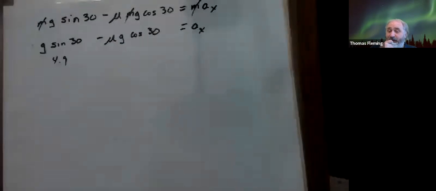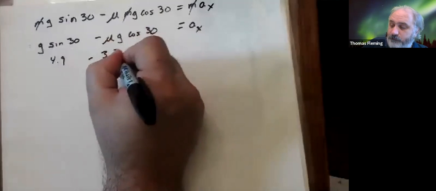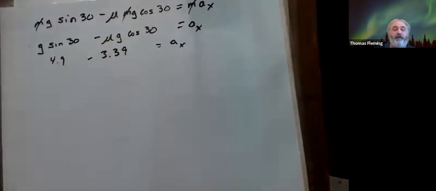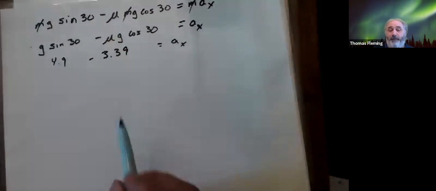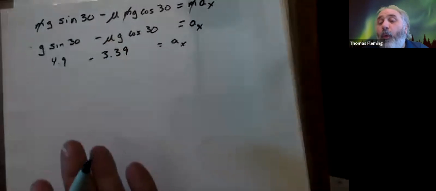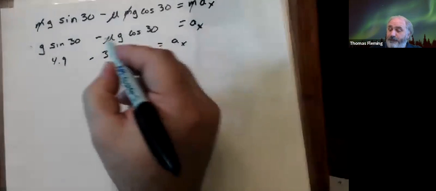And that ends up being only 3.39. And so you don't have to be a genius to know that 4.9 minus 3.39 is definitely going to be a positive number. And it doesn't even matter what that positive number is, because here's what's going to happen, right? I know this is positive.